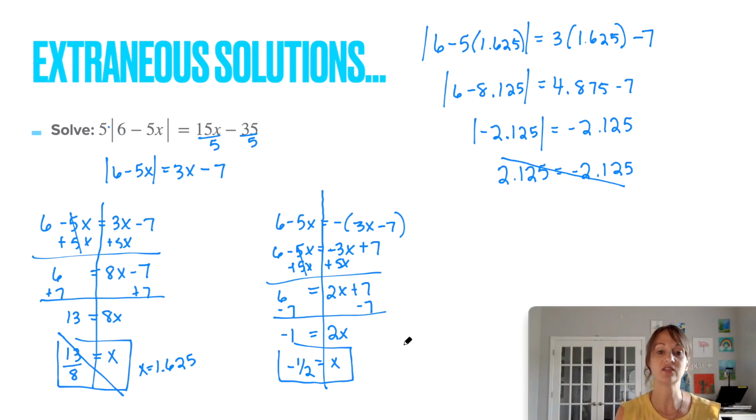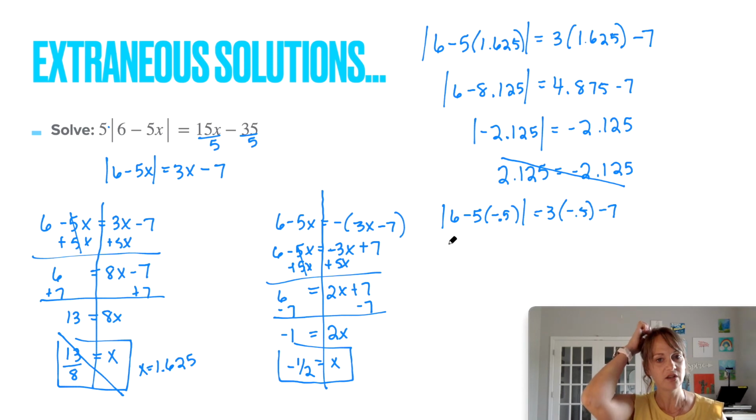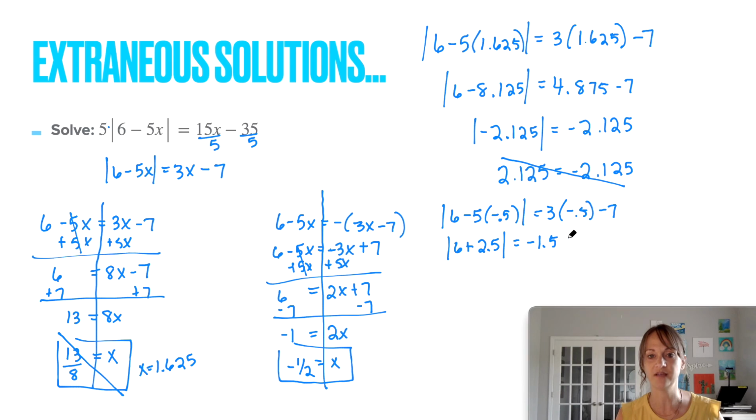Now we need to check the negative 1/2. So if we plug in 6 minus 5 times a negative 0.5, we want to know if that equals 3 times a negative 0.5 minus 7. So in this case, we'll get 6 minus, that should be a plus 2.5. And over here, we would get a negative 1.5 minus 7. 6 plus 2.5 is 8.5.